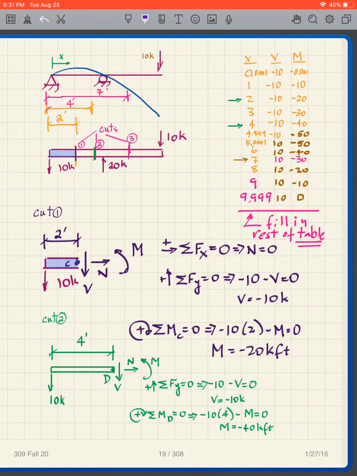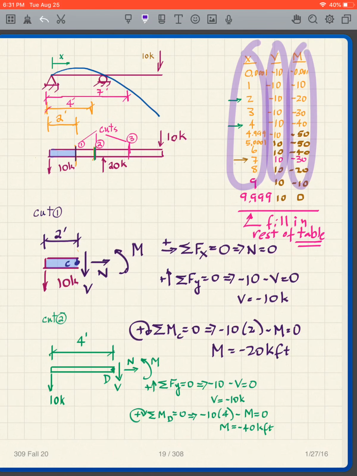It's going to go negative 50, negative 40, negative 30, negative 20, negative 10, 0. So you can check those out yourself by making other cuts. So I now have all the values of x, all the values of V, all the values of M.